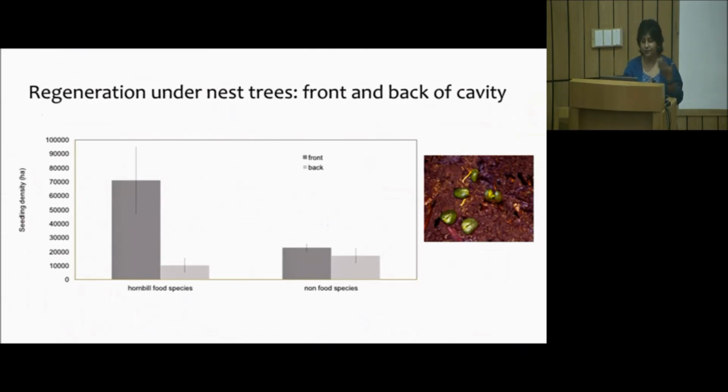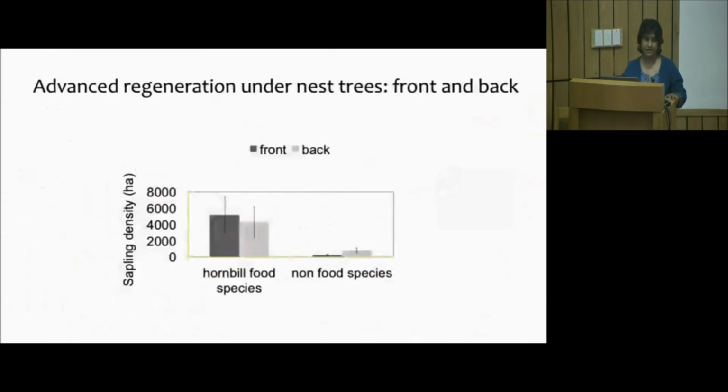You find that, yes, there was a high seedling density of hornbill food plant species in the front of the cavity, and very low at the back. Conversely, for non-food species, there was no difference, which is what we expected. So yes, there is regeneration.